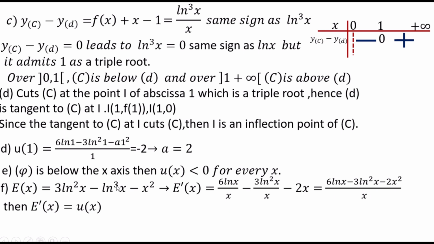Then minus 3 ln square x over x minus 2x. Then E prime of x equals u of x. E prime of x equals u of x, then E prime of x is negative, therefore the function E is strictly decreasing.